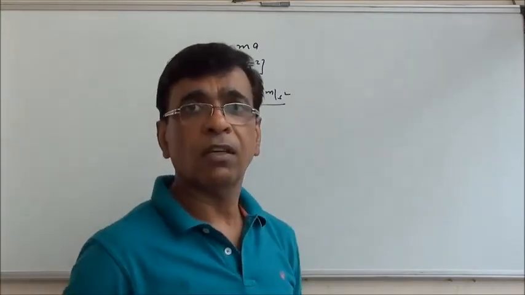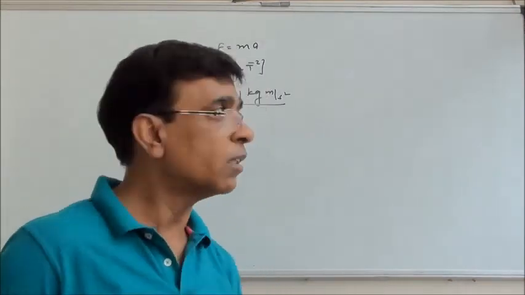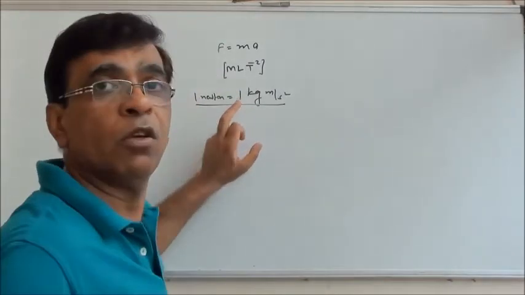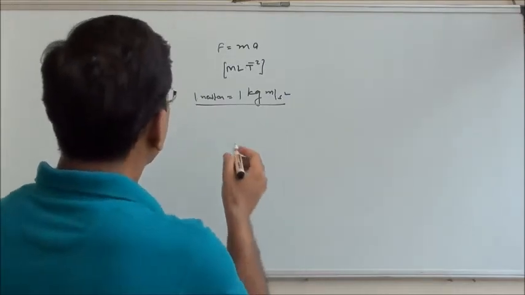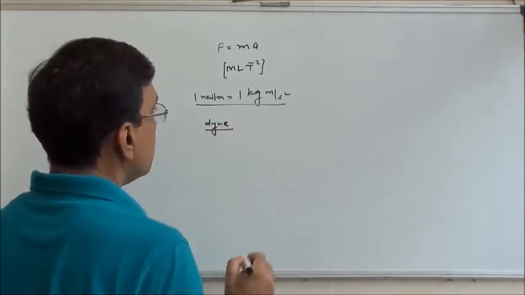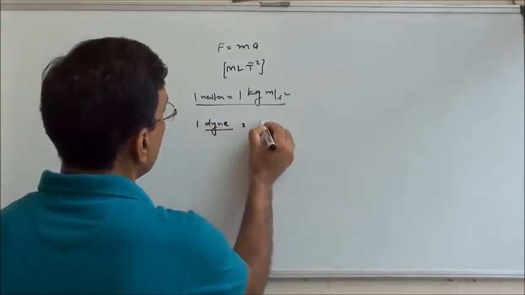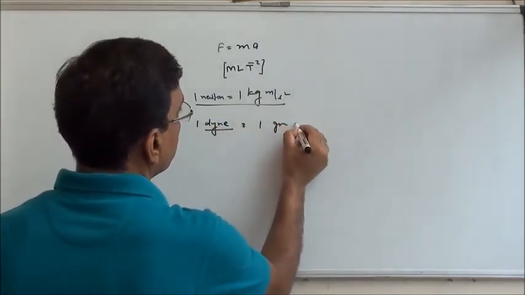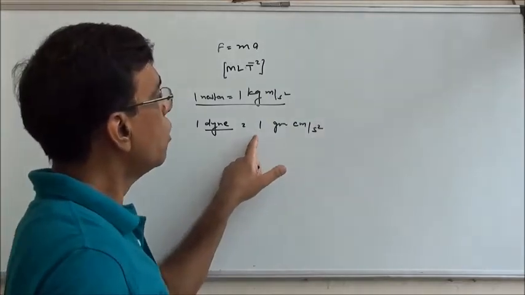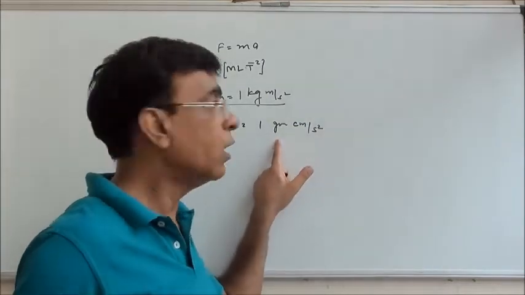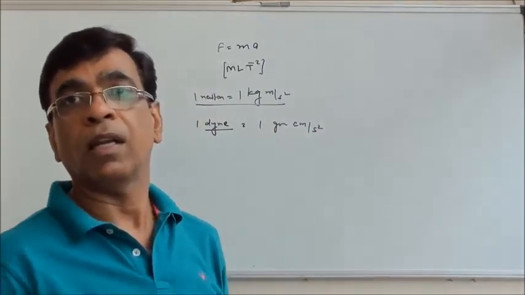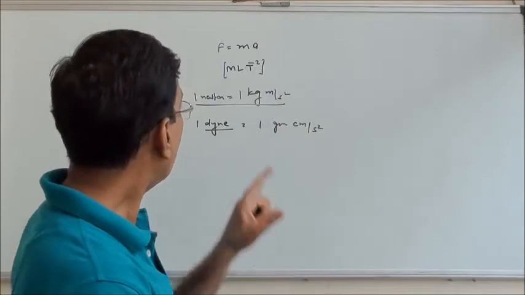So 1 Newton is that force which produces an acceleration of 1 meter per second square in a body of mass 1 kilogram. Dyne is a unit of force in the CGS system. So 1 dyne is 1 gram centimeter per second square. That force which produces an acceleration of 1 centimeter per second square in a body of mass 1 gram is called 1 dyne.